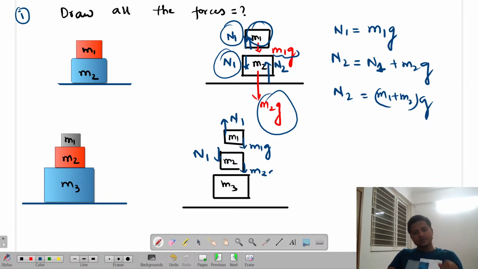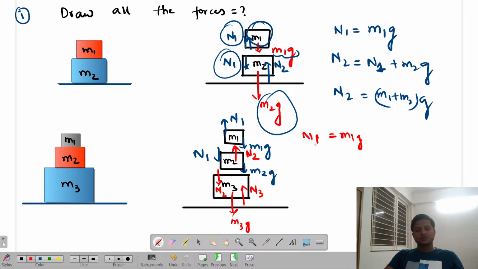Then once again, M2g from M3, another normal N2, for that equal and opposite N2, M3g, and topmost N3. Are you able to get me or not? So I will draw N3 on that. Is that clear? So basically N1 is equal to how much?